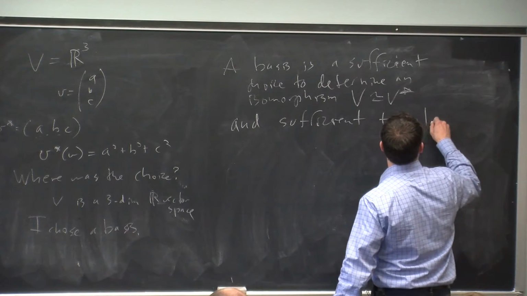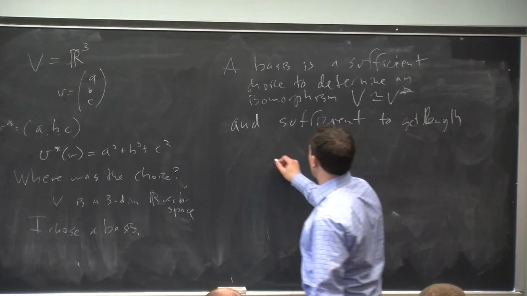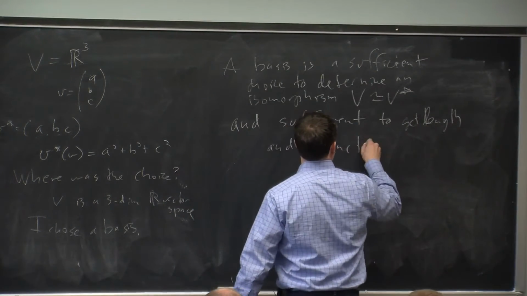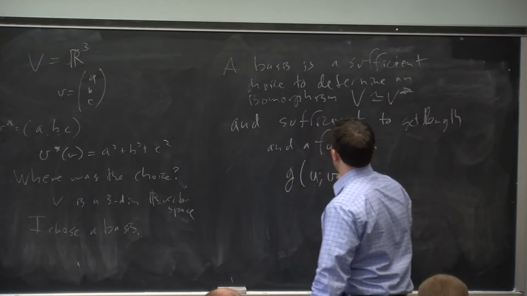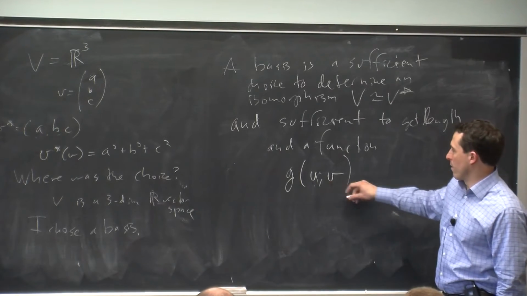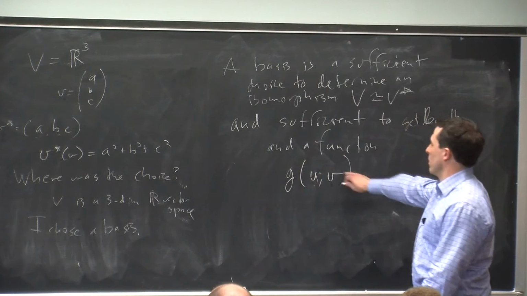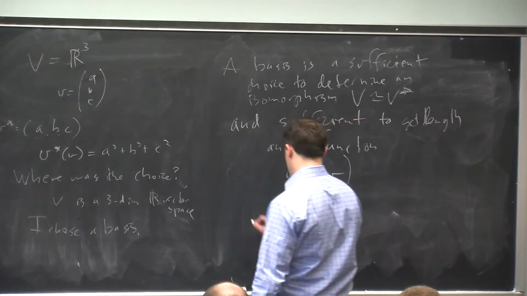To get length and to get a function G with two inputs, both of which lie in the vector space V and spits out a field element, and which will turn out to be linear in each element. So it's sufficient, but it's not necessary.